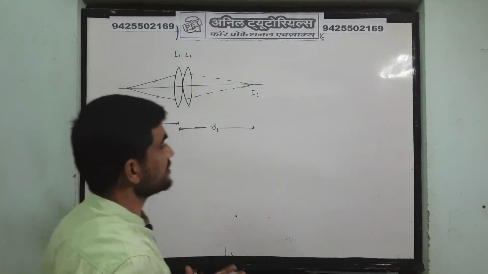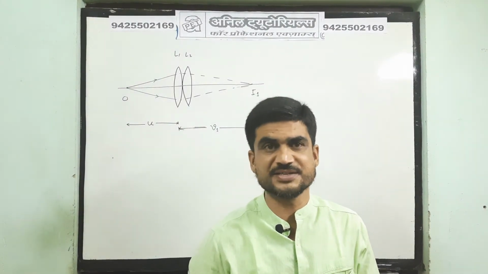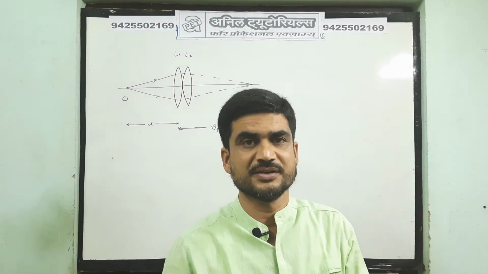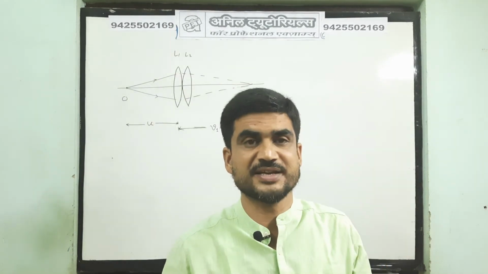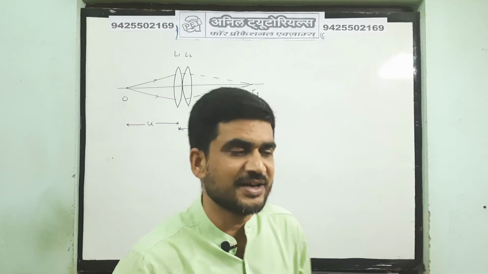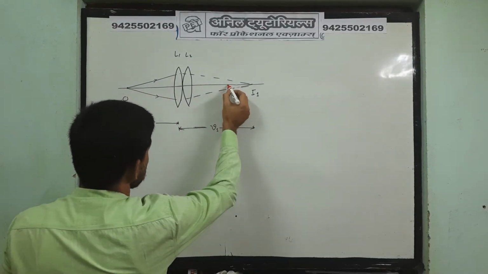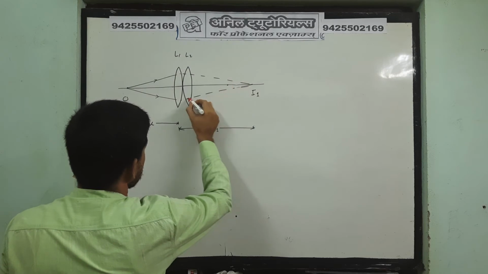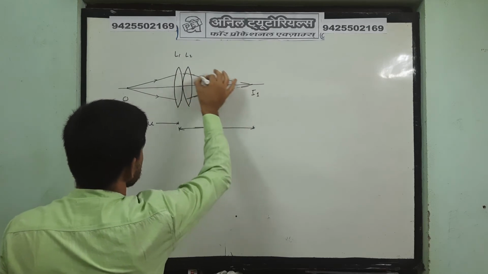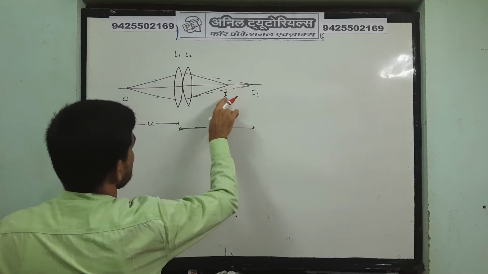But there is one more lens. If it is a convex lens, it converges the rays. If it is a concave lens, it diverges the rays. So the rays are further converged or diverged, and actually they will focus somewhere here. So the actual position is I. Clear?